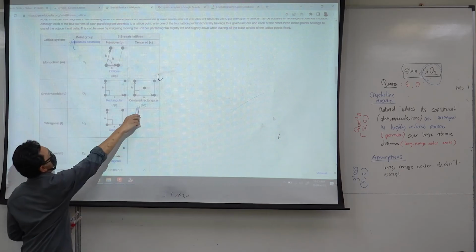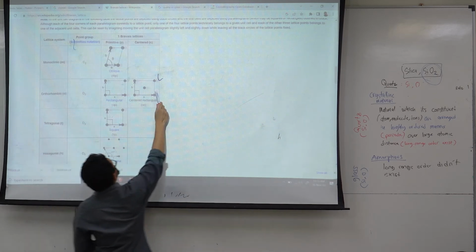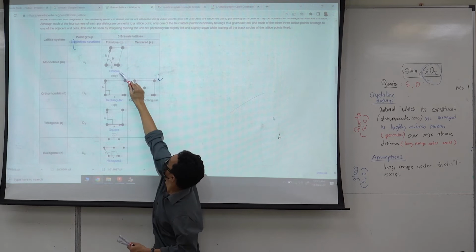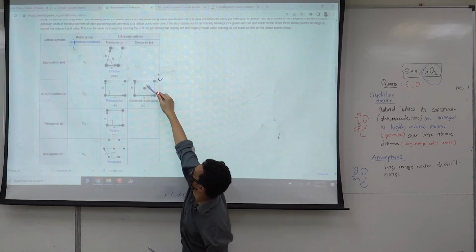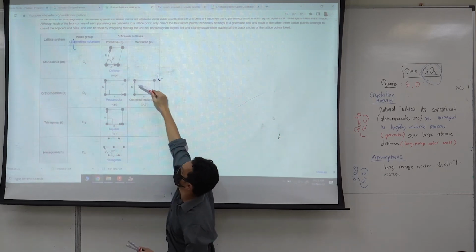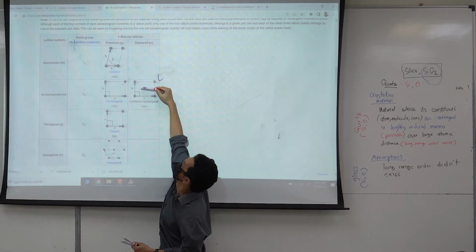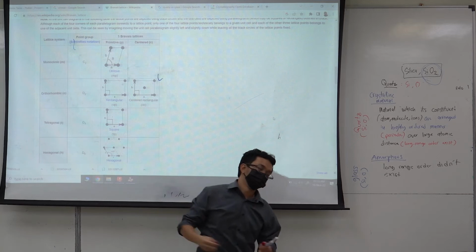But there is a centered rectangular. You might ask, why rectangular here? Why oblique? There is no centered oblique. By right, it seems more or less the same, just at an angle. Why is there no center there?